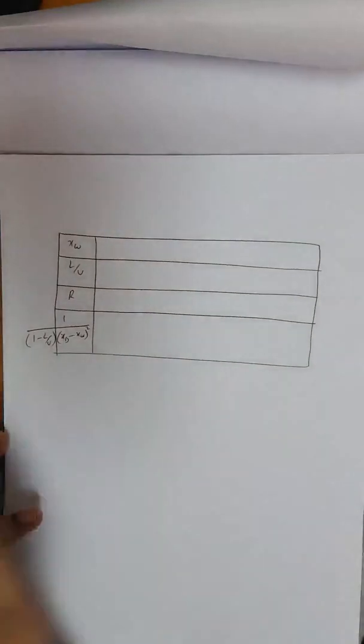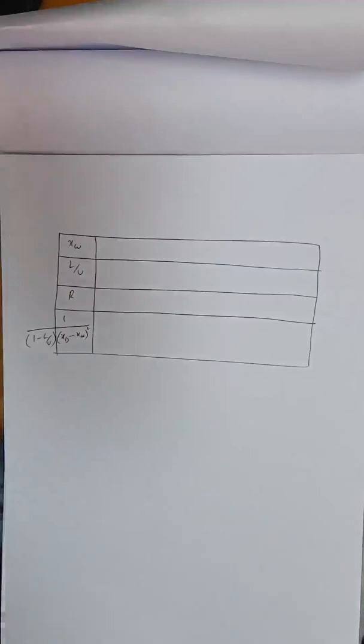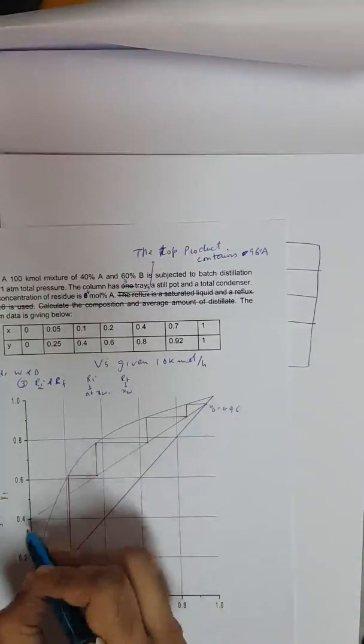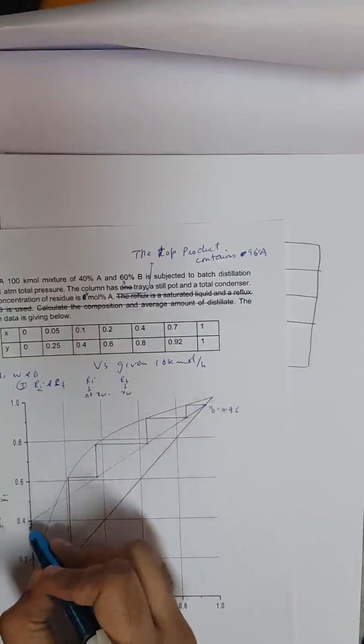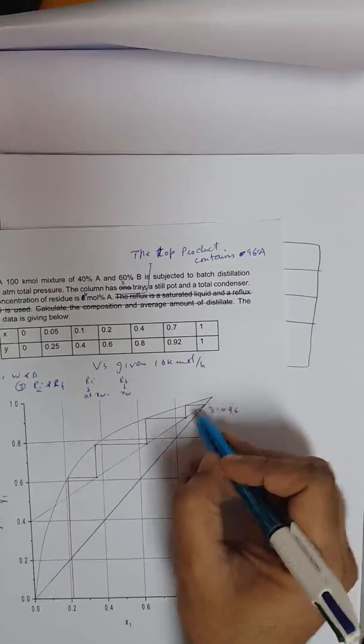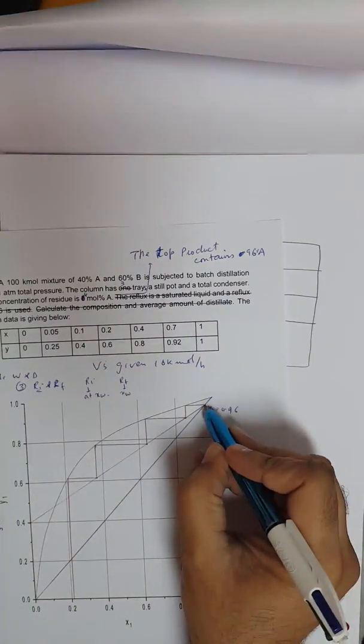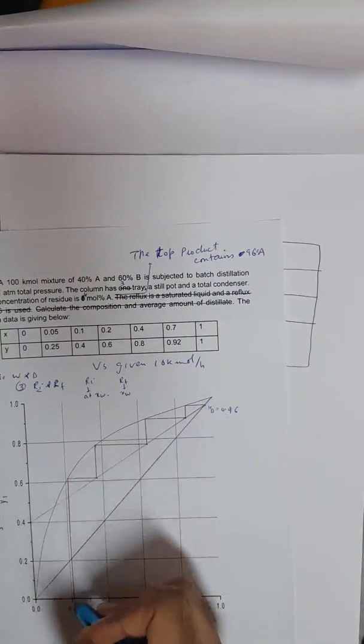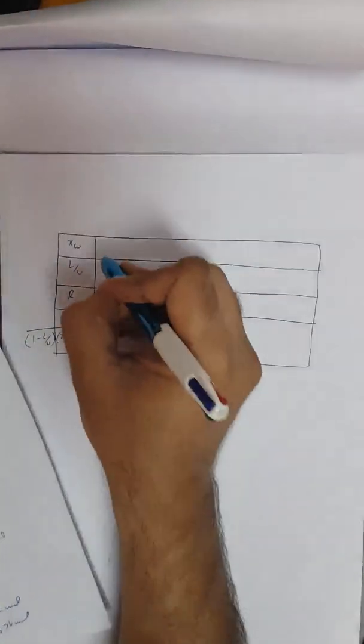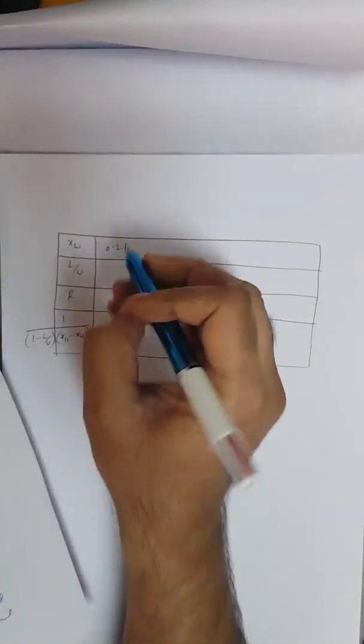So what we do is, see, I draw a line, a random one. The intercept is this one, so I draw a line at xd and I got xw 0.21. I will record this value 0.21.